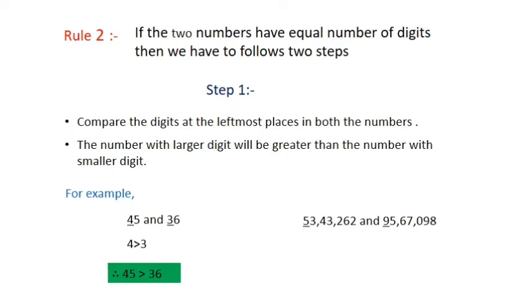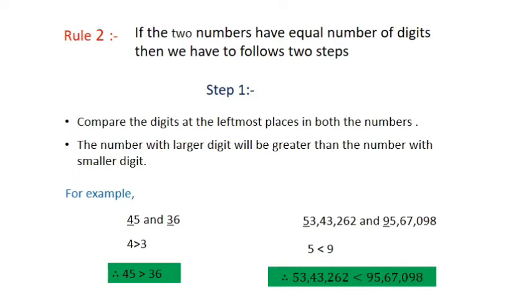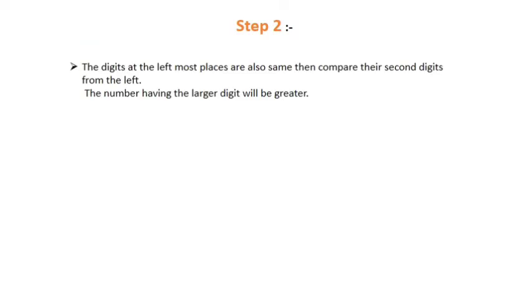In 53,43,262 the leftmost place is 5, and in the next number it is 9. If you see, 5 is less than 9, that means 53,43,262 is smaller than 95,67,098, or we can say 95,67,098 is greater than 53,43,262.